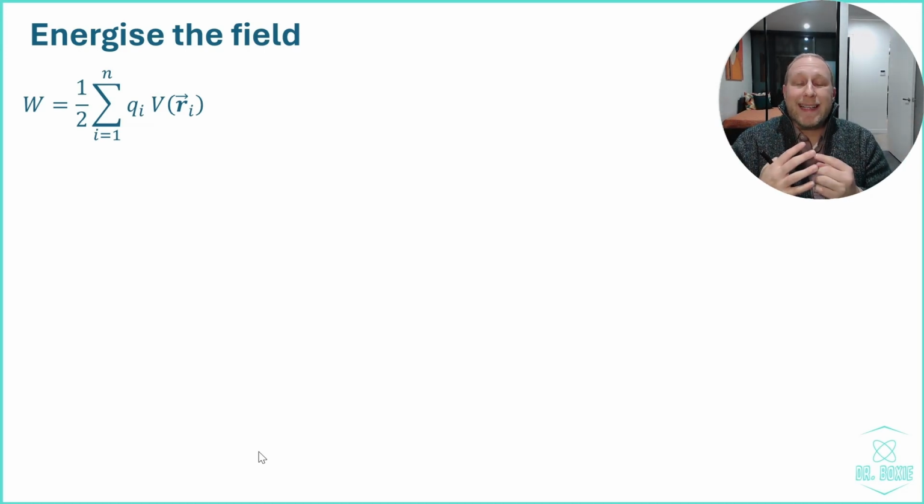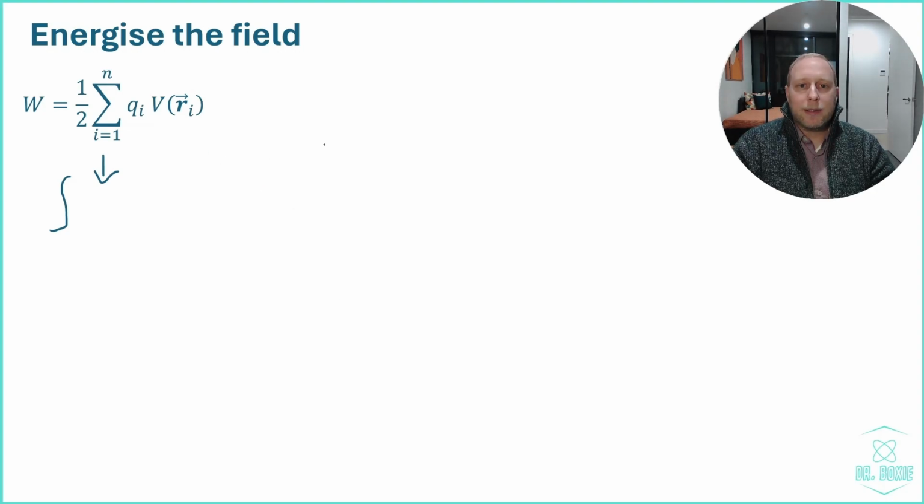Now this expression that we just found is the amount of work necessary to bring in the charges from infinity, assuming that we're considering discrete charges. But if we're looking at a continuous distribution of charges, we're bringing in continuous charges and creating a continuous distribution of charge in space, we would need to replace this expression by a continuous version of that. What does that mean? Well, first of all, the sum in the continuous case would be replaced by an integral, which is the continuous analog of a sum.